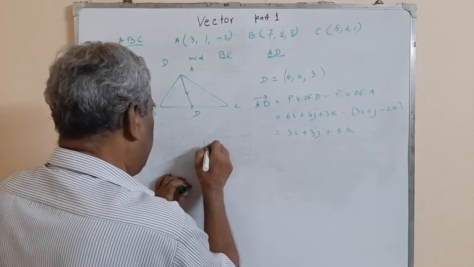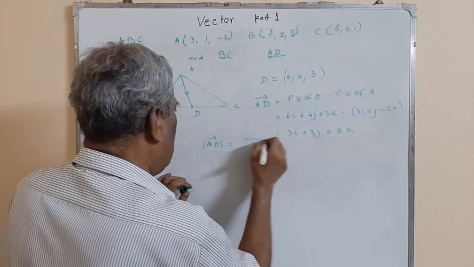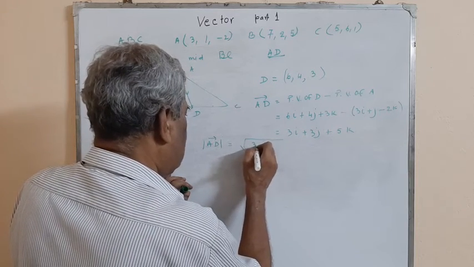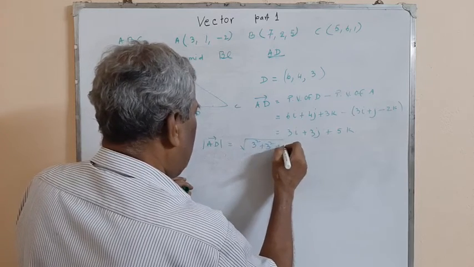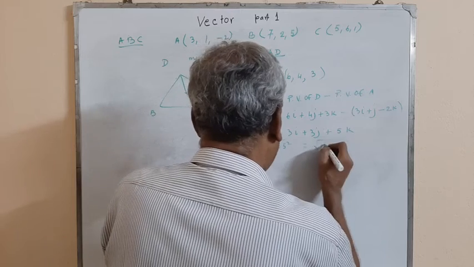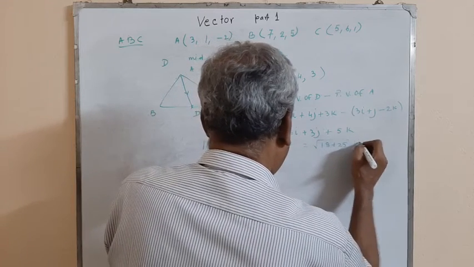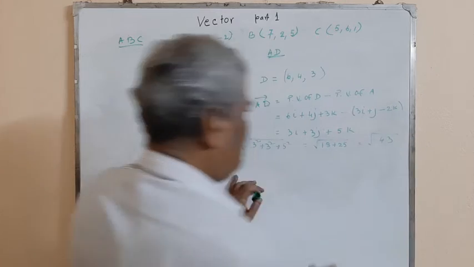Magnitude of AD is root over of i component whole square, that is 3 square, j component whole square, 3 square, plus 5 square. This is equal to root over of 9 plus 9 is 18 plus 25, it is equal to root over of 43.